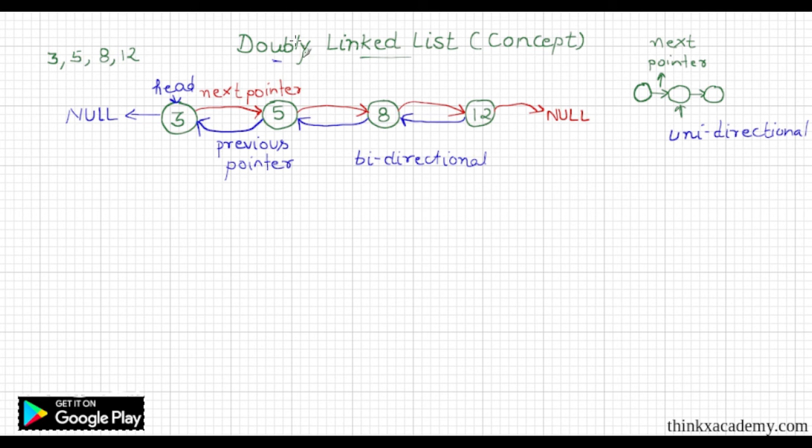That's the main reason why we use a doubly linked list: we can traverse in the reverse direction. But in a singly linked list, there is no way to traverse backwards. Traversal in backward order is not possible in a singly linked list, but it is possible in a doubly linked list.